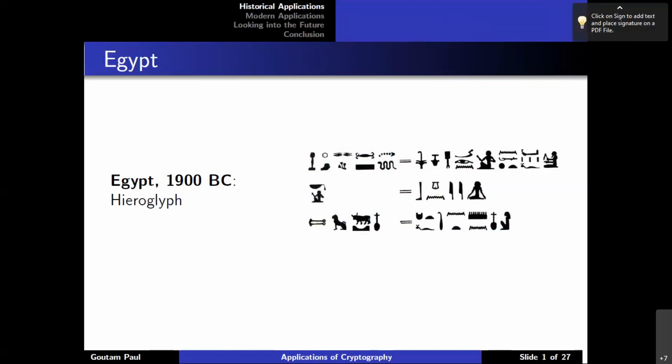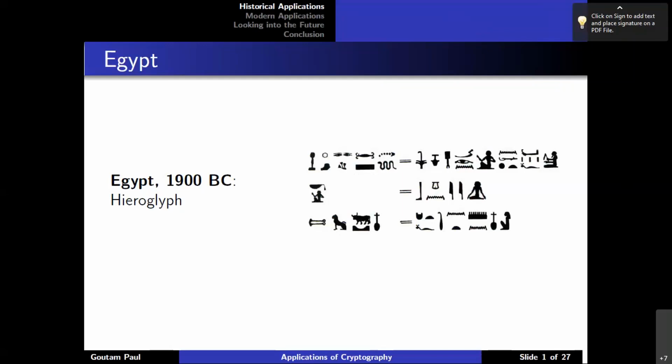So we know that cryptography has been applied in multiple countries, in multiple civilizations from time immemorial. So for example, the Egyptian hieroglyphs contain a lot of cryptic messages, and many of them are still not deciphered.